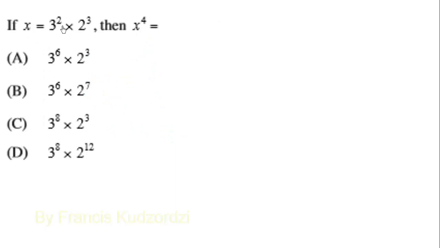So if x is equal to this, then x exponent 4 is equal to what? The x is given to us as x is equal to 3 exponent 2 times 2 exponent 3.